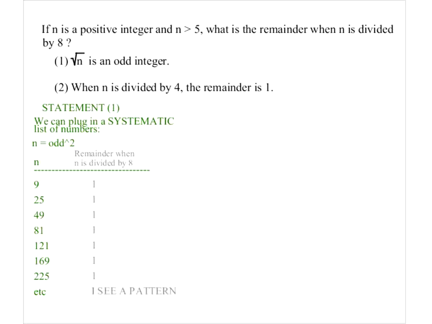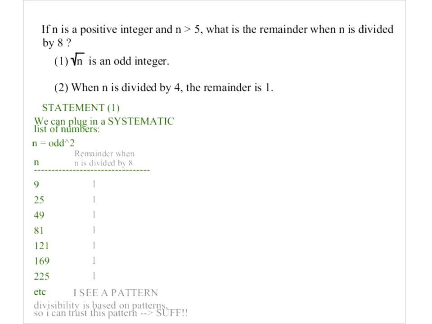I definitely see a pattern here. And since divisibility is based on patterns, I can trust this pattern. So I'm going to say that's sufficient. Notice we're not 100% sure of this, because by plugging in numbers, you can never be sure that there's not a different remainder right around the corner.